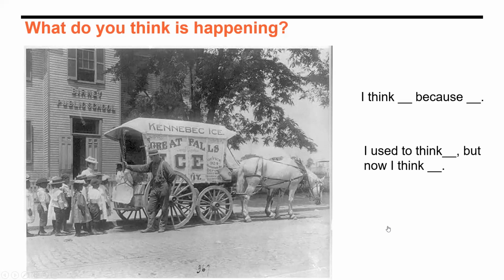Use those observation skills. They're getting ice cream. Take a close look. Somebody might type what words you can see. I think they're buying flavored ice. Maybe they're getting ice. Now think they are lined up to get ice.